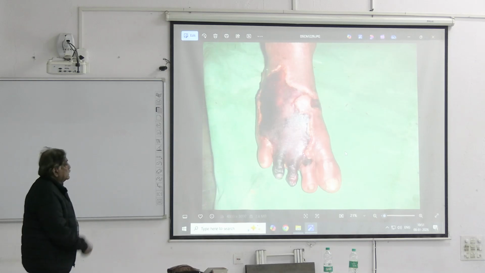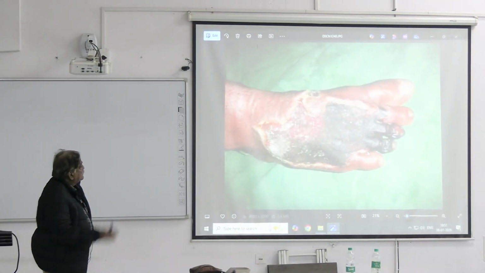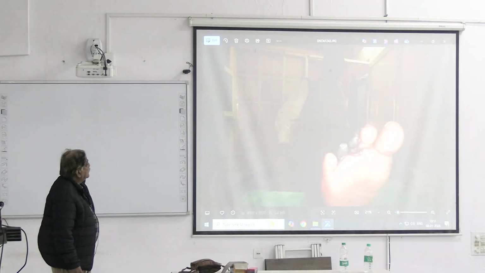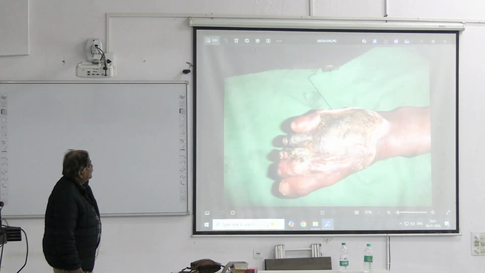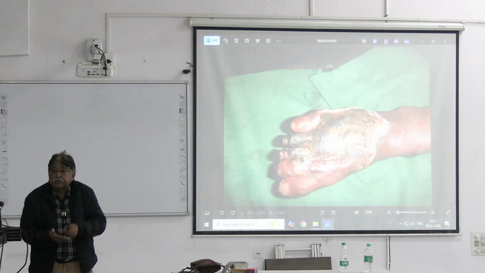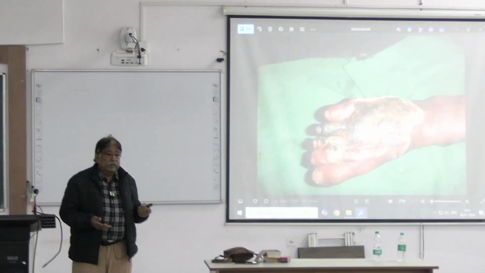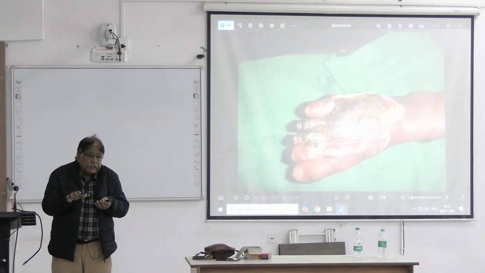Okay. The plantar aspect, see. This is all dressing by honey. See, I didn't do any mechanical debridement to remove the whole scab, because slowly the granulation tissue is undermining.